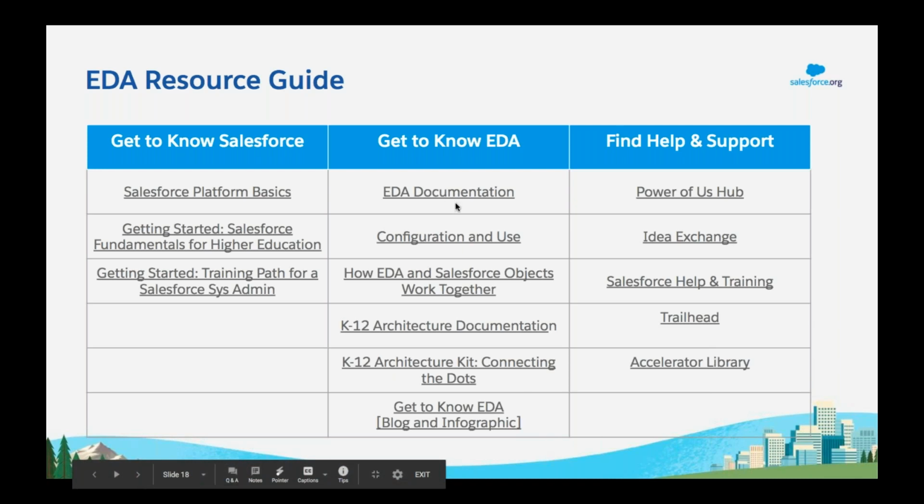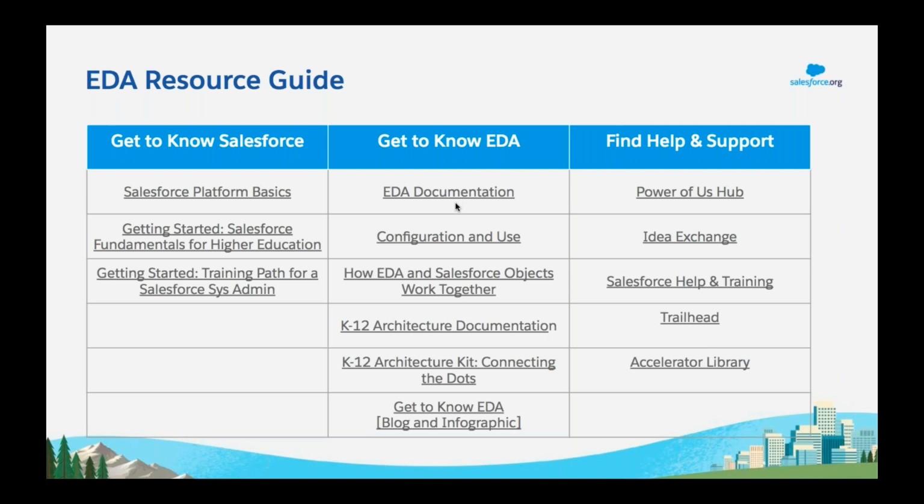This EDA documentation link at the top here is very extensive. There's a lot of information there, so take your time. You can go through it as you're rolling it out in your org and look at it piece by piece. And then this third column is really where to find help and support overall. We have Trailhead, Salesforce Help and Training. Trailhead is our gamified learning platform that you can use for free to scale up and learn.